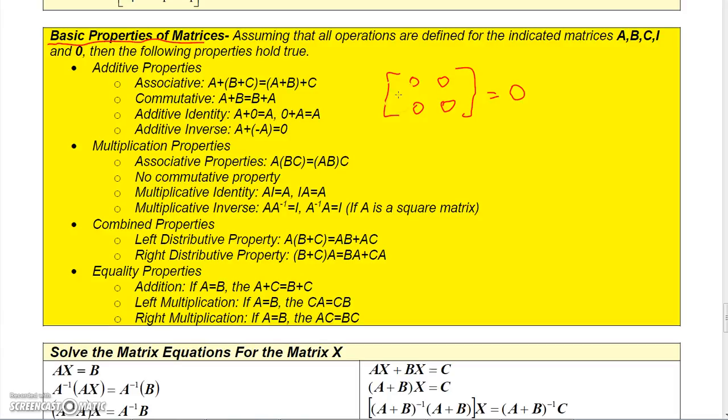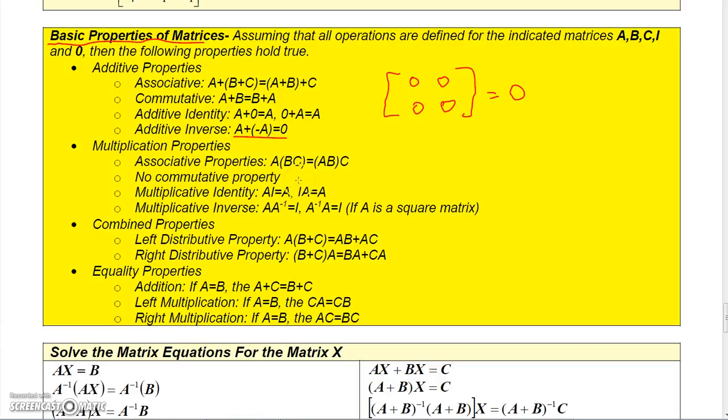If you added any 2 by 2 matrix to that 0 matrix, it would just return the matrix. And if you add a matrix and its opposite, it would just give you a 0 matrix.